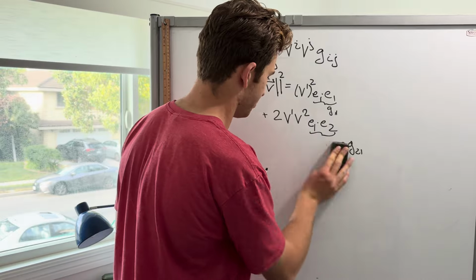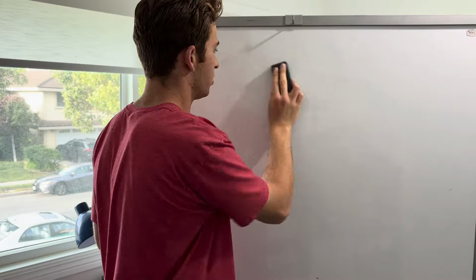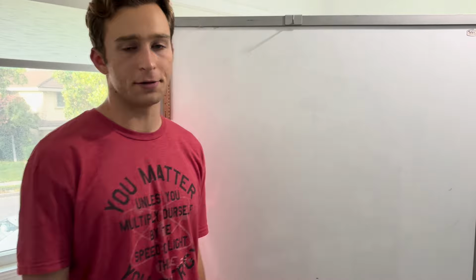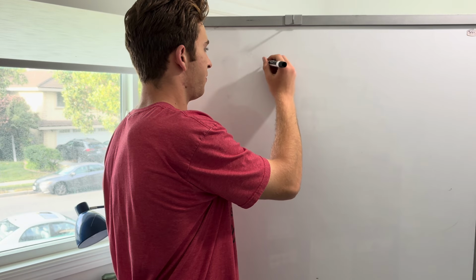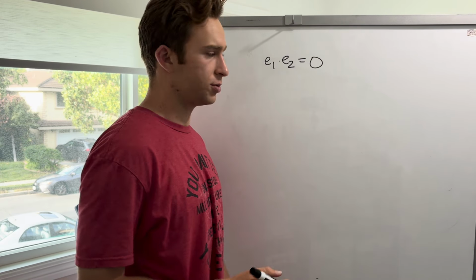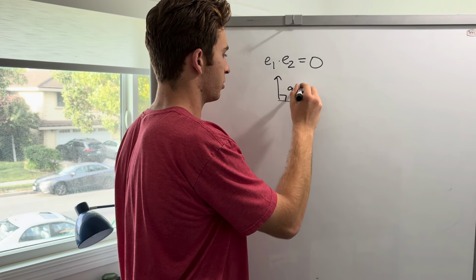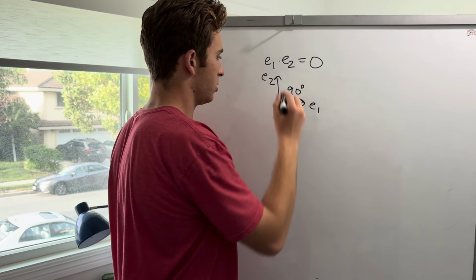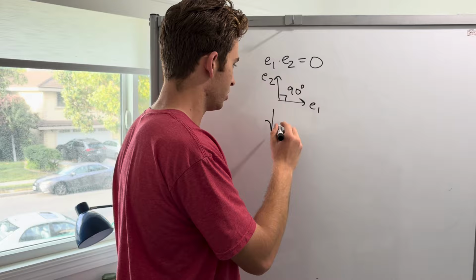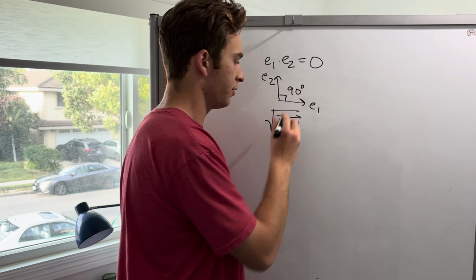And so, in conclusion, you are left with this formula for the dot product. If your basis vectors are orthogonal, which means they're at 90 degrees to each other, then your length is just the square root of your vector dotted with itself.